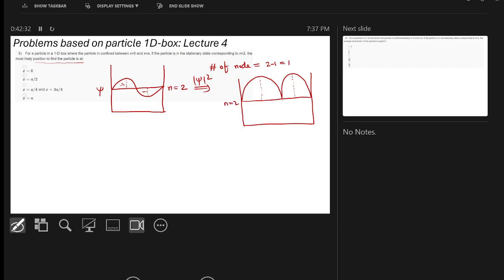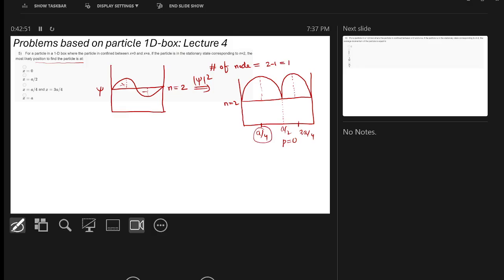So at the center, at x equal to a by 2, the probability is 0. Okay, and in the halves, this is 3a by 4, and this is a by 4.